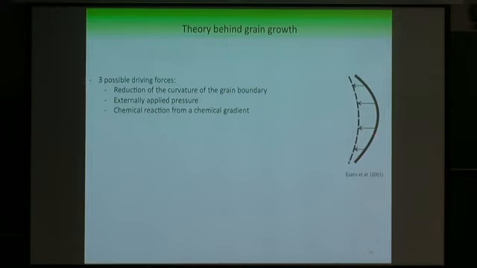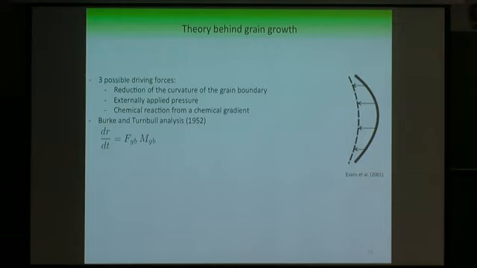So this grain boundary here, as the crystal will want to minimize its interfacial energy, the curvature is going to reduce. Another possible driving force is an externally applied pressure, or also a chemical reaction from a chemical gradient.